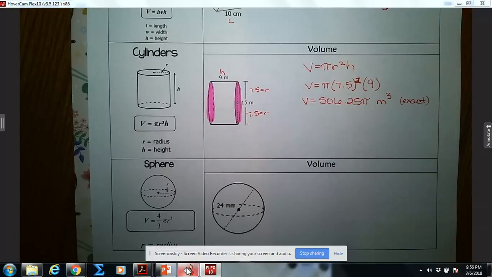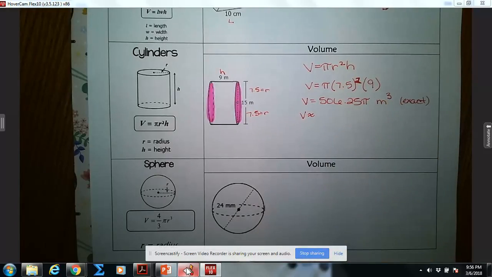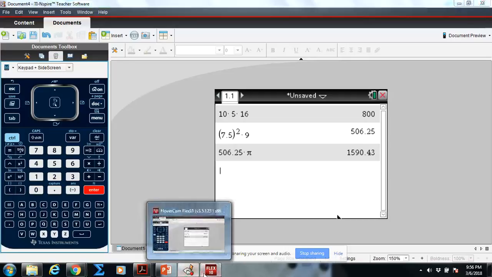So let's go ahead and find the rounded value. 506.25 times pi. Take my last answer and multiply it by pi. So 1,590.43 cubic meters fit inside of the cylinder.